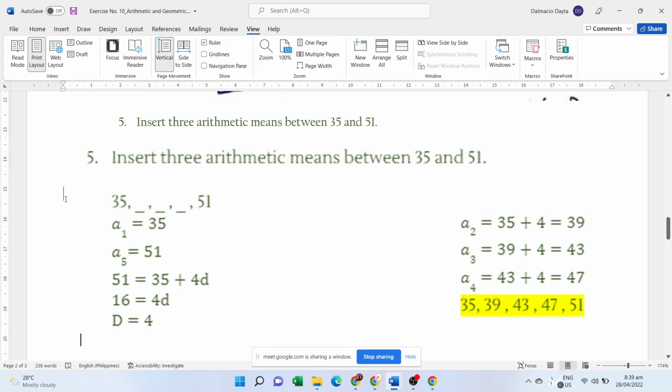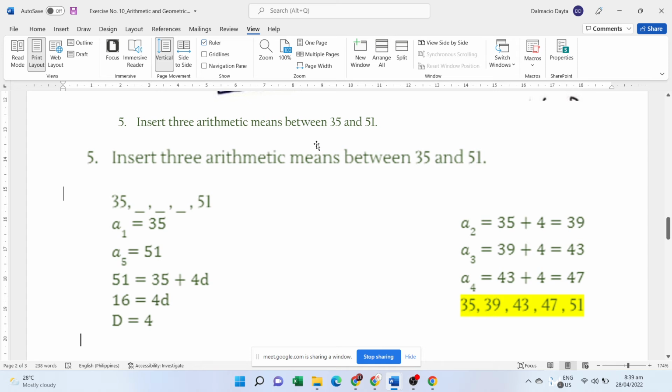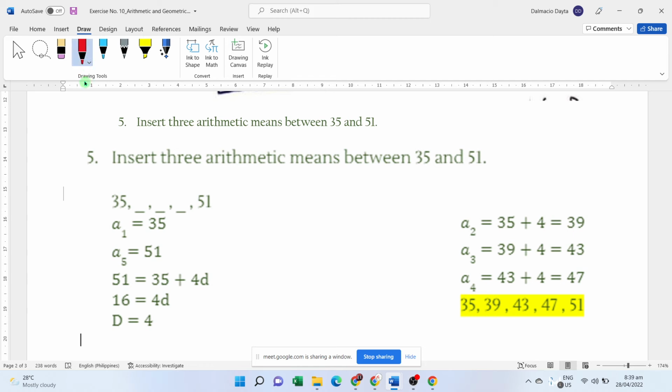I would just like to show you how this is answered by grade 6 students, grade 7 and 8 in less than 15 seconds when they join MTOP contest. Look at this one. Insert three arithmetic means between 35 and 51. The number of terms will be an odd number, no? That is 5. So, if you get the average of 35 and 51, tama? 35 plus 51, did you get that?